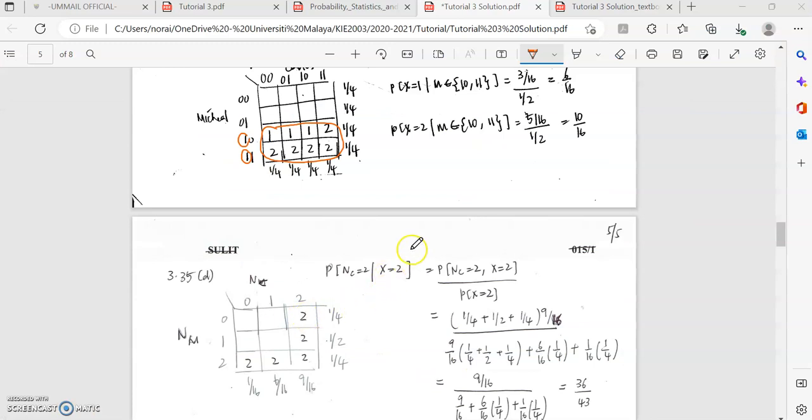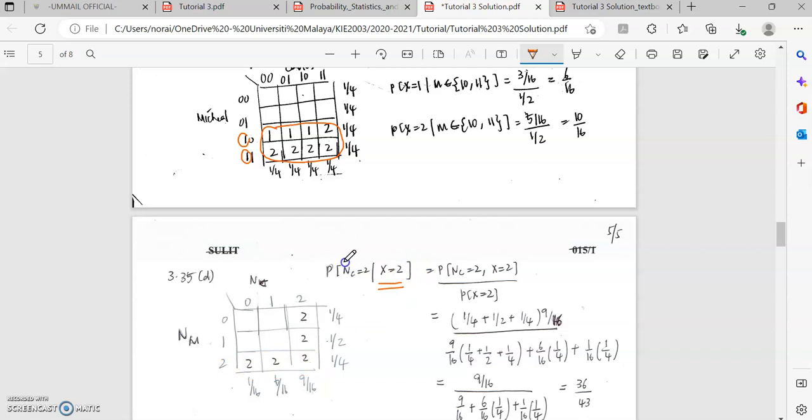What is the probability that Carlos gets 2 given that x is equal to 2? X is the maximum number of heads in those combinations. So the maximum is 2, 2, 2 here as well as 2, 2 here. These are all our outcomes when conditioned on x equals 2.